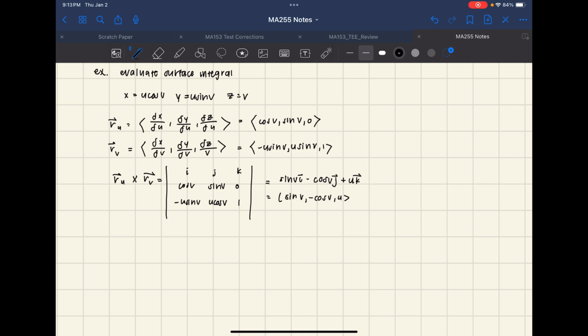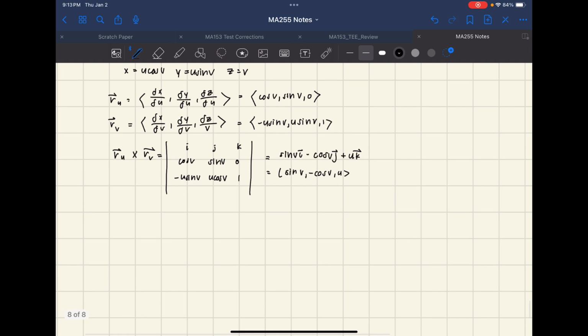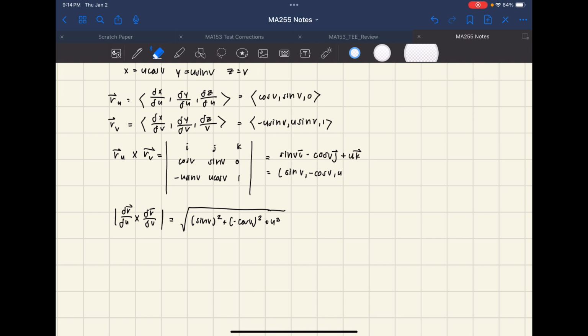Okay, next we need to compute the magnitude of the cross product. So, it's supposed to be a parenthesis.